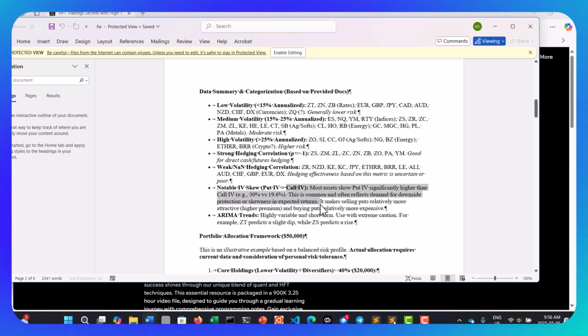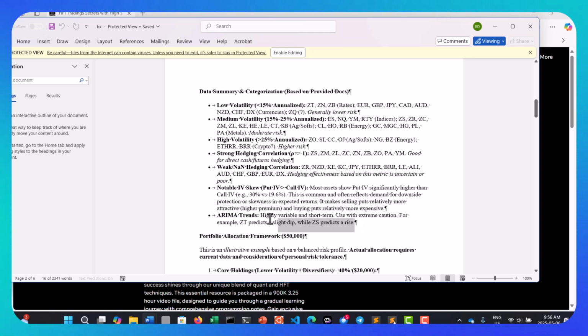If you have larger portfolios, trying to put on trades but still maintain a downside protection, especially in these markets because these are quite extreme. So in here, that's also involving selling puts, relatively more attractive, higher premium, buying puts relatively more expensive.